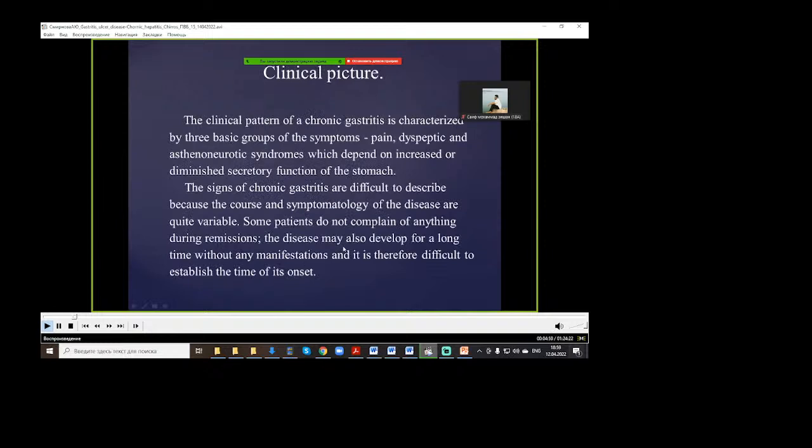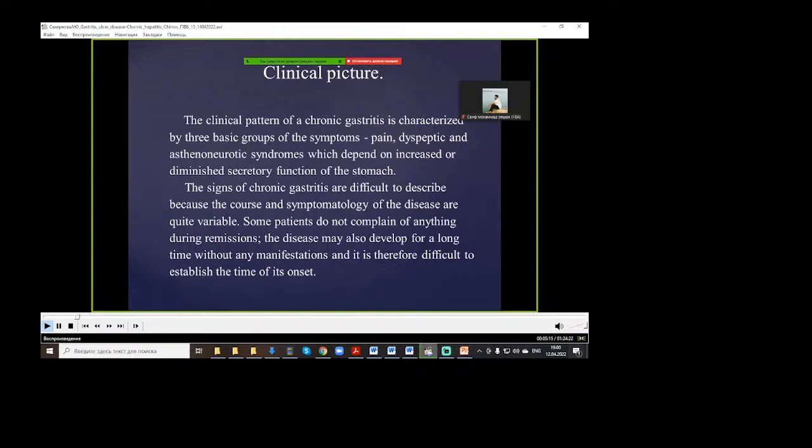Clinical picture. The clinical pattern of a chronic gastritis is characterized by three basic groups of the symptoms. The main symptom is pain. It may be accompanied by dyspeptic and asthenoneurotic syndromes, which depend on increased or diminished secretory function of the stomach.